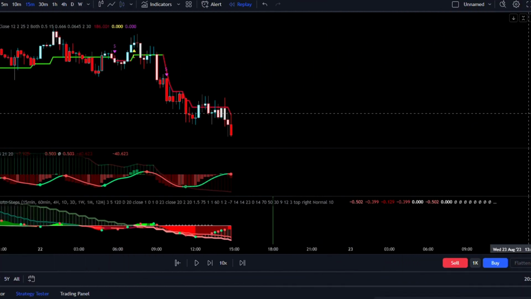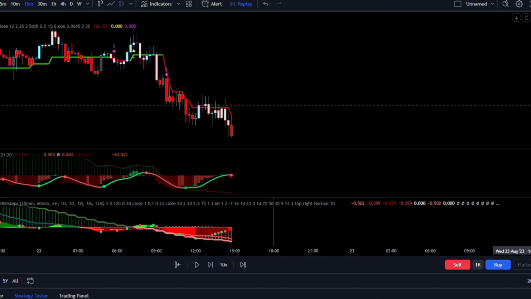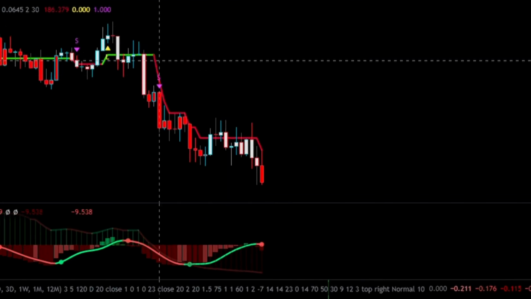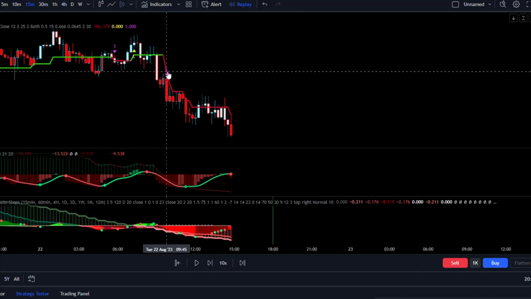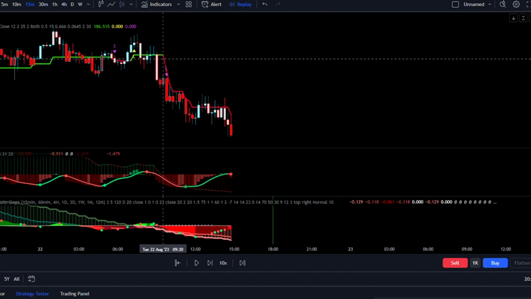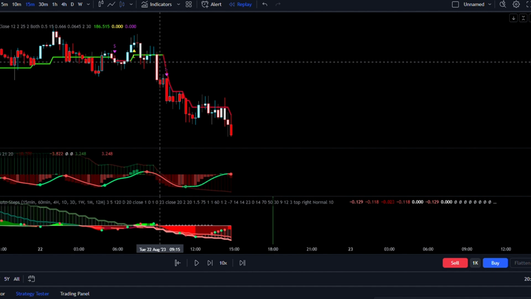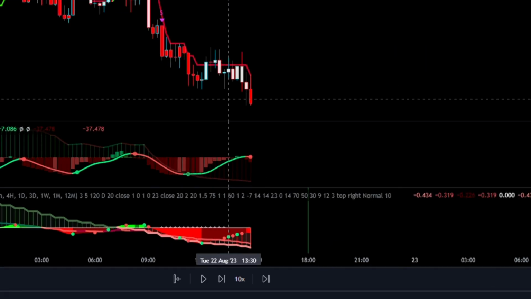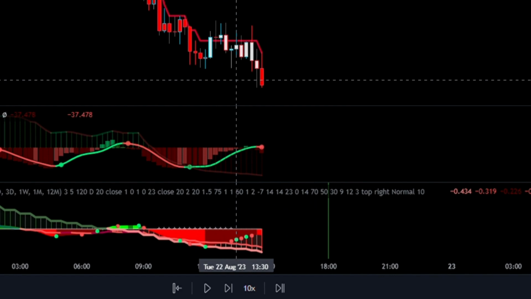This is your entry criteria when looking to take short positions, and the exact opposite is true. First, we need to make sure that the JFD is colored in red, and this is identified by analyzing the color of the line. As we can see here, directly above price, we have our red line. Then we're going to wait for our entry signal, which is the BX Trender giving us a red circle, indicating it's now time to take a short trade.